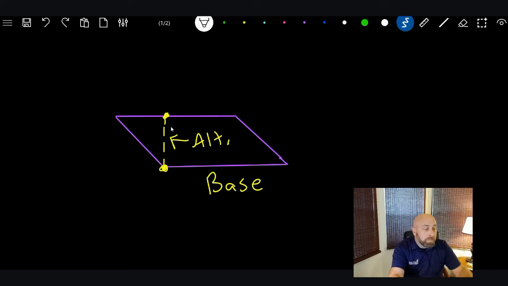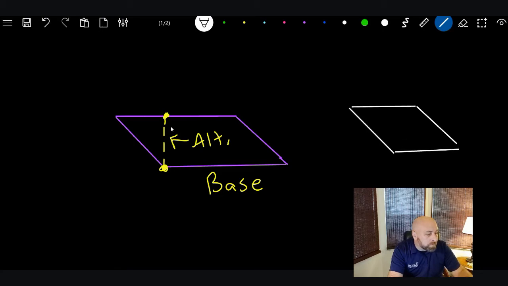But if I wanted to make a rhombus, I would come over here and say, okay, this has to equal this. And if it does, then I have a rhombus. Again, it's not perfect, but it's close enough. So if this side equals this side, then that's a rhombus. So it's a parallelogram with two sides equal.